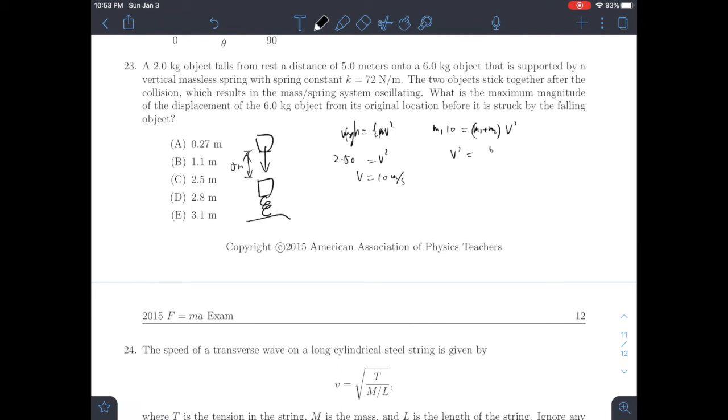We can calculate v prime, the velocity of both blocks after the collision, which is equal to 10 times m1 divided by m1 plus m2, which is equal to 20 over 11. Wait a second, not 11, 20 over 8. 6 plus 2 is 8, which is equal to 5 over 2, 2.5.